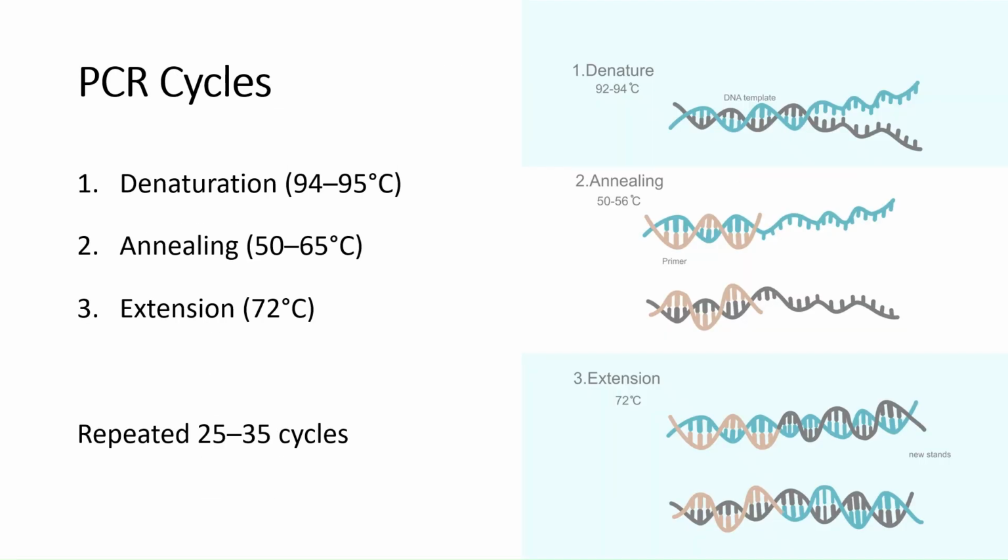PCR steps: denaturation at 95 degrees Celsius, annealing at 50 to 65 degrees Celsius, extension at 72 degrees Celsius, repeated 25 to 35 cycles for exponential amplification.